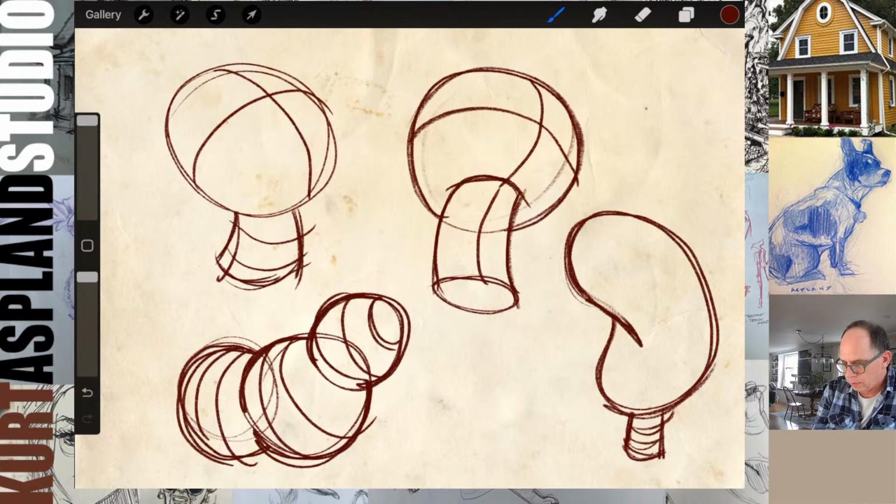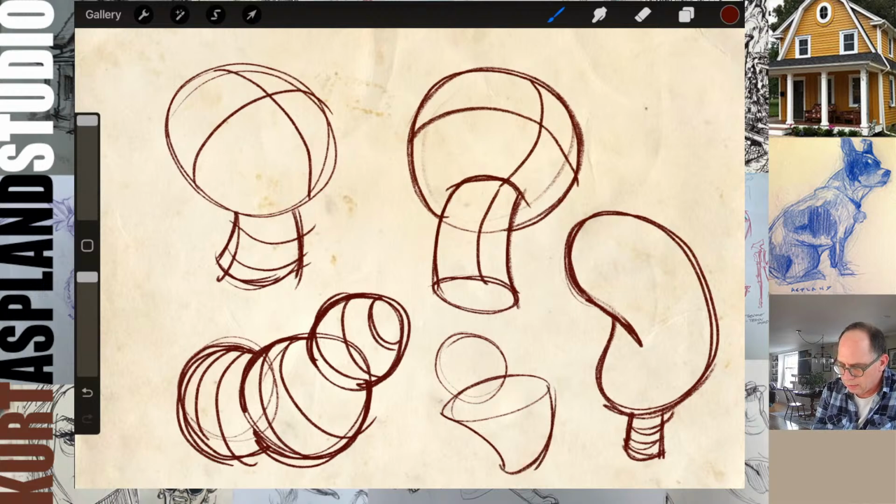See, this is something you can do. You could just doodle like this in your sketchbook. Just practice doing pages, just pages of these ideas where you're just combining complex forms.